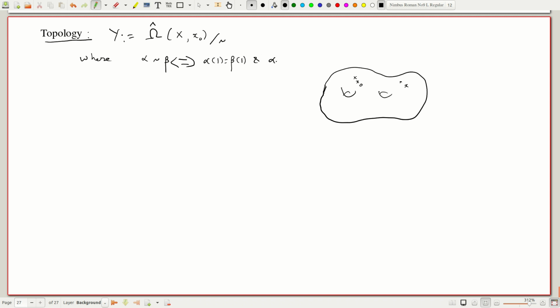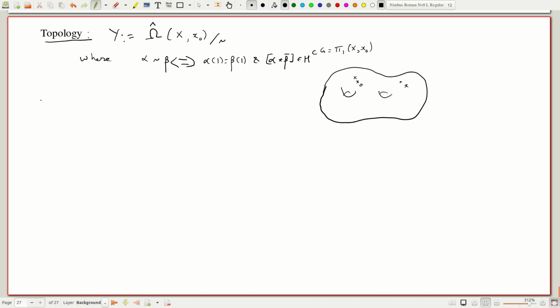The second condition makes sense, assuming the first holds: this class actually is in H. Notice the data is just G, the fundamental group of X, and H, which is contained in G, pi 1 of X, x0. We did not have the space; we constructed it, at least as a set.